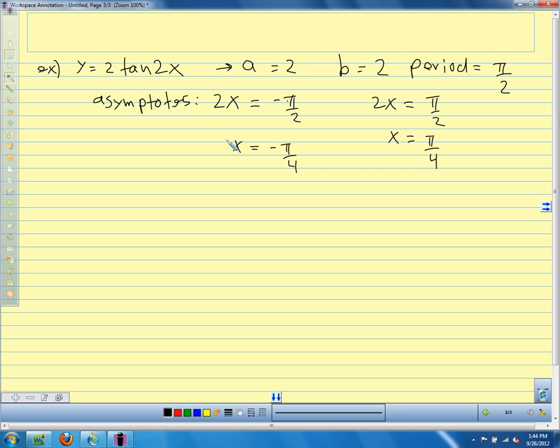Okay? So now I'm ready to start sketching. So here are my axes. I'm going to put one asymptote at negative pi over 4 and one asymptote at pi over 4. So here are my two successive asymptotes.